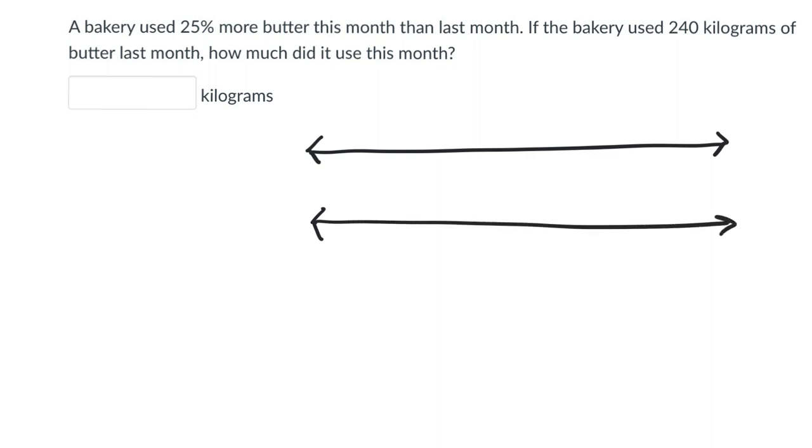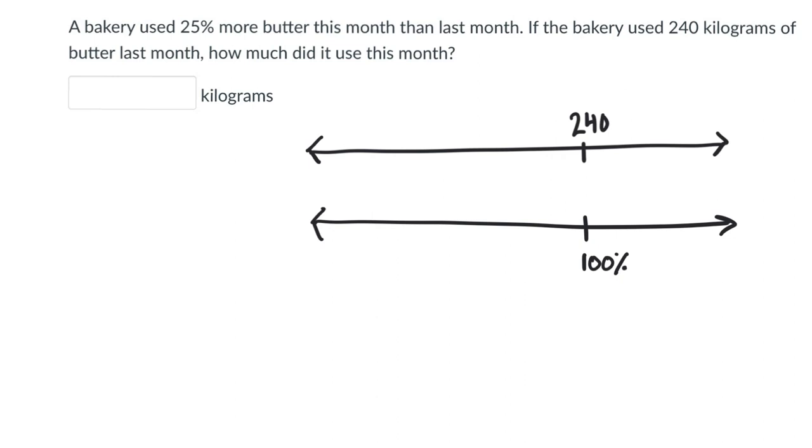Okay, and I know that I have 100% is going to be how much we're starting with last month. So last month, that was my 240 kilograms. And we'll be nice to ourselves, we won't put the unit there.